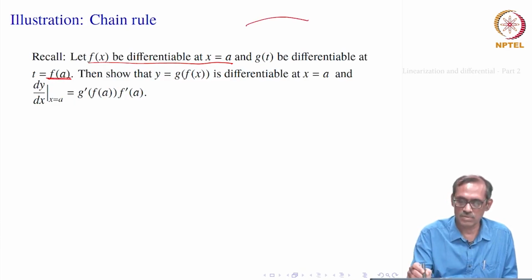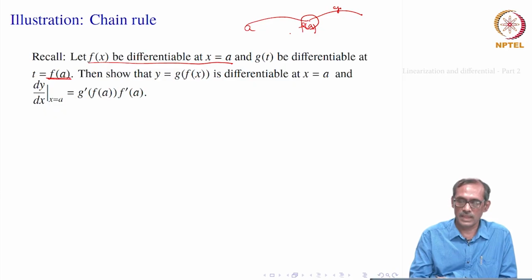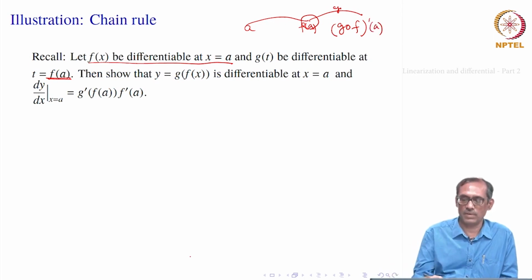So, really f goes somewhere, then g goes somewhere. If it is a, f is taking it to f of a. Now, g works. So, f is differentiable at a and g is differentiable at f of a. Then we want to find out what is the derivative of g o f at a. That is really the chain rule.